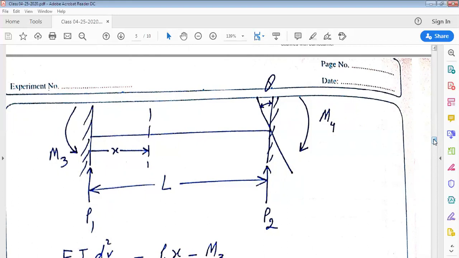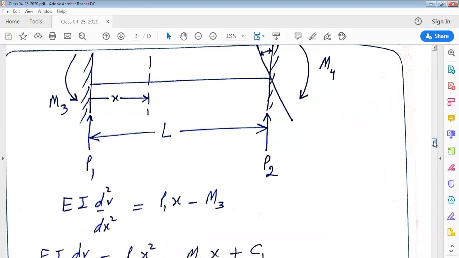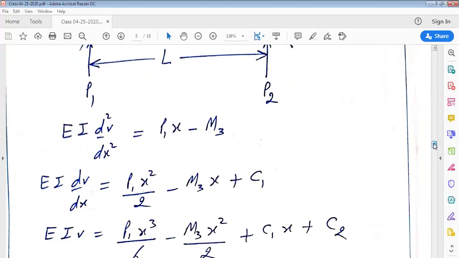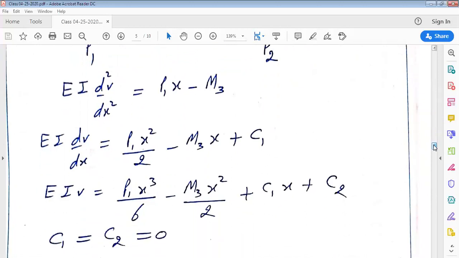So here, if we consider a section at distance x from left end of the beam, then we can write EI d square v by dx square equal to P1 x minus M3. Integrated again, we have EI dv by dx equal to P1 x square by 2 minus M3x plus C1. Again integrated, we have EIv equal to P1 x cubed by 6 minus M3x square by 2 plus C1x plus C2.